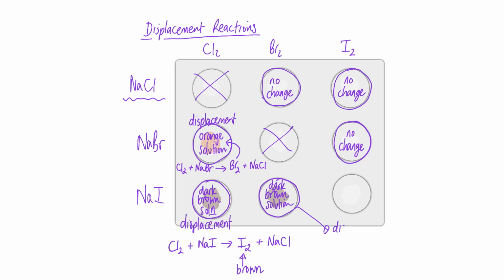So another displacement reaction, but this time it's the Br2 that is more reactive, stealing away that sodium from my NaI. So that becomes I2, that's what my brown solution is, and then I am making NaBr. Okay, so that is my dark brown solution there, is my iodine.